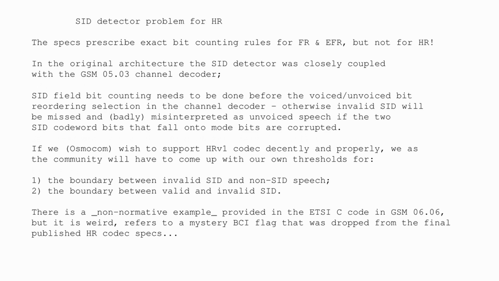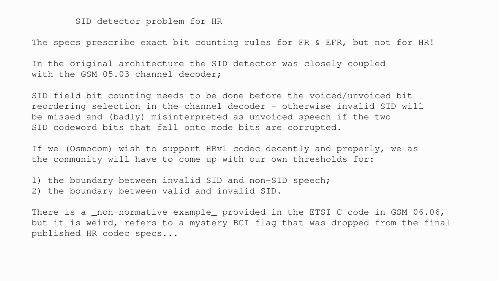So when you're looking at the 14-byte TS 101 318 output from the 05.03 decoder, by that point, the decision has already been made: is it voiced or unvoiced? And it reordered the bits one way or the other. And the 2 bits that indicate the mode are part of the SID field. So they're going to be set to 1 in a correct, uncorrupted SID frame.